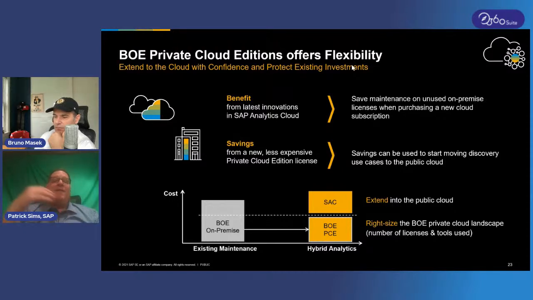If you wanted to add on SAC to get some of that predictive capability, that what-if capability, that planning capability as an extension of your existing business objects, universes, and documents, this is a great way to take your existing maintenance and turn it into a right-sized pricing for PCE, and the additional maintenance that you can push into the cloud for SAC.